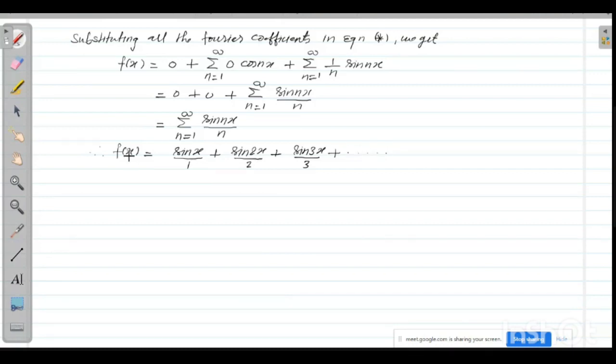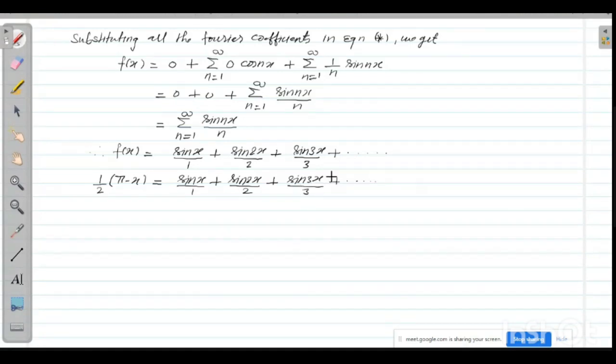Okay, but f of x is 1 by 2 into pi minus x, and this is equal to sine x upon 1 plus sine 2x by 2 and plus sine 3x by 3 and so on.